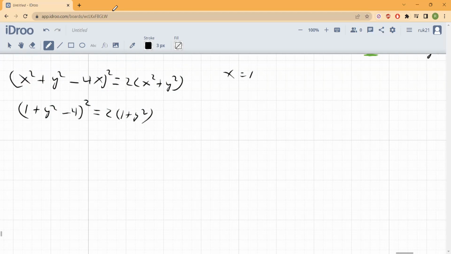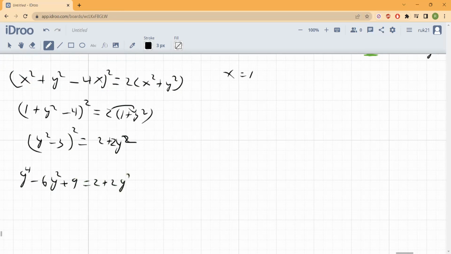So we get (y squared minus 3) squared is equal to 2 plus 2y squared. I apologize, I just forgot to multiply it in. Then we expand the left side: y to the power of 4 minus 6y squared plus 9 equals 2 plus 2y squared.